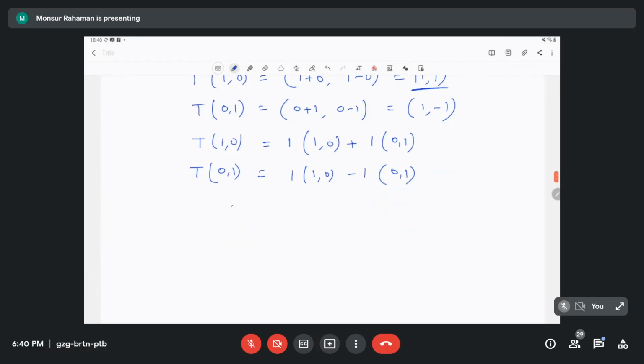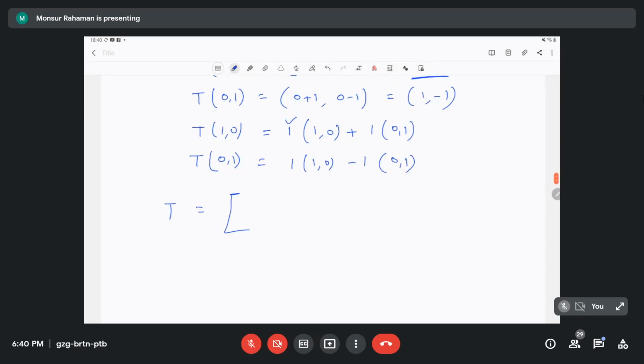Okay, so the matrix will be T equals to, this will be the column vector 1 1 and 1 minus 1. Okay, this is the coefficient. Okay, this is the coefficient corresponding to this basis vector. So this will take the form of a column.